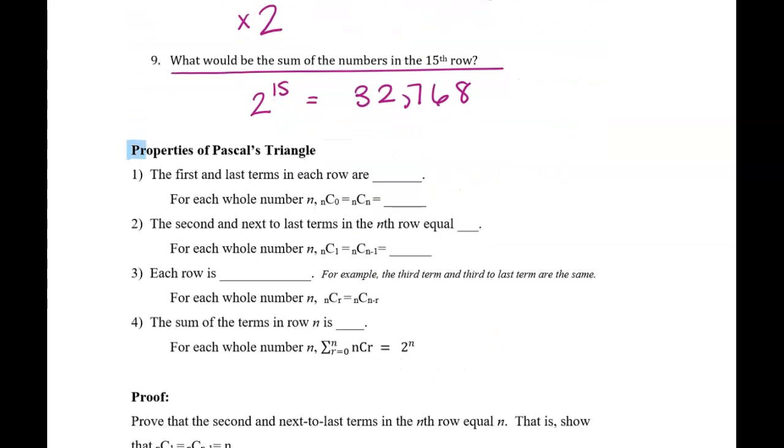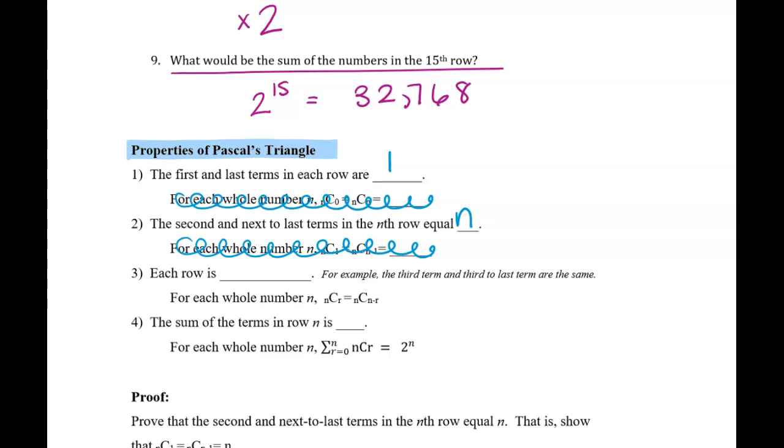So some properties of Pascal's triangle, we already talked about this, but just kind of have them all in one spot. The first and last terms in each row are 1. The second and next to last terms in the nth row equal n. So let's talk about the 7th row, right?